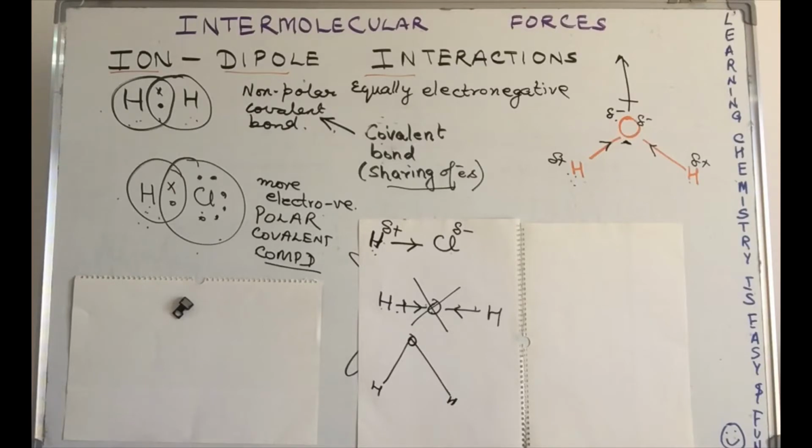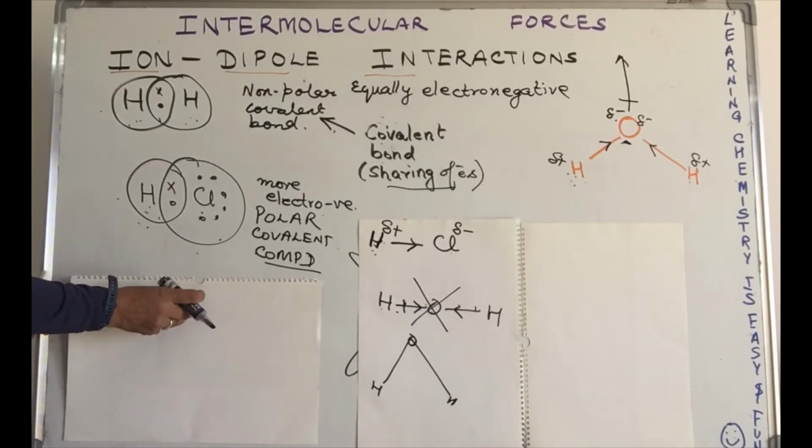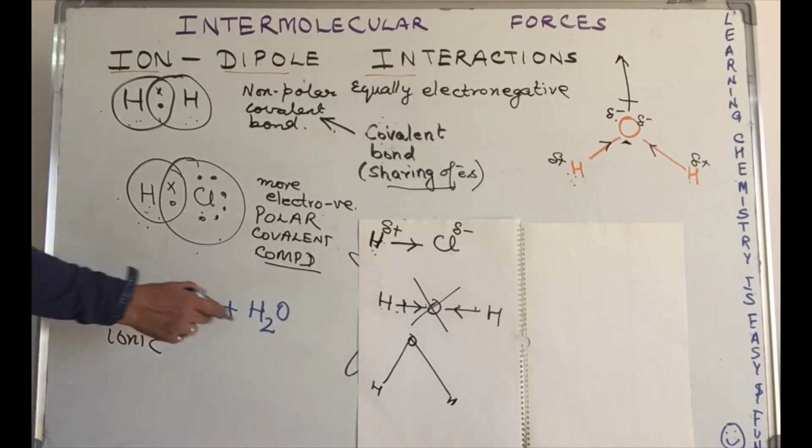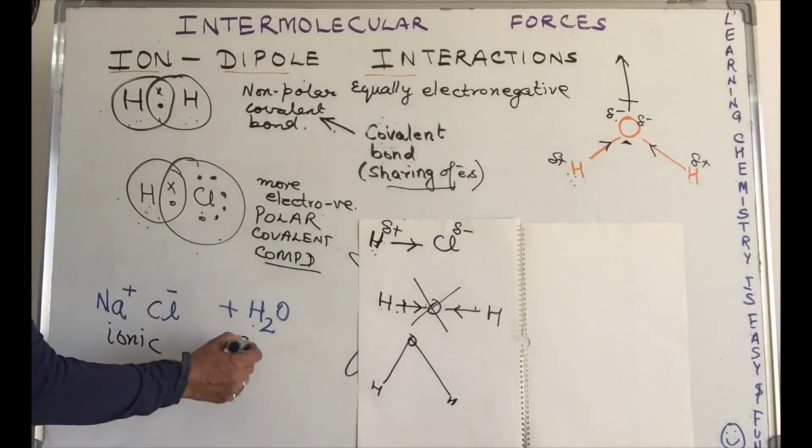How does this affect the behavior of water? Let us see in the context of ion dipole interaction. We've got sodium chloride to be dissolved in water. Now sodium chloride is an ionic compound which is formed by the transfer of electrons from sodium to chlorine, right? Water, on the other hand, is a covalent compound.